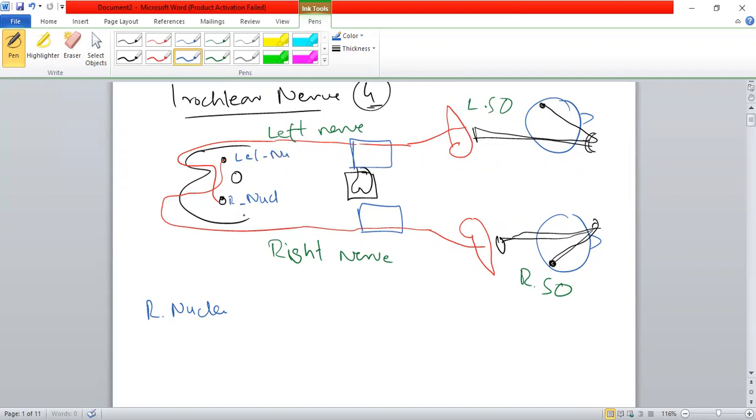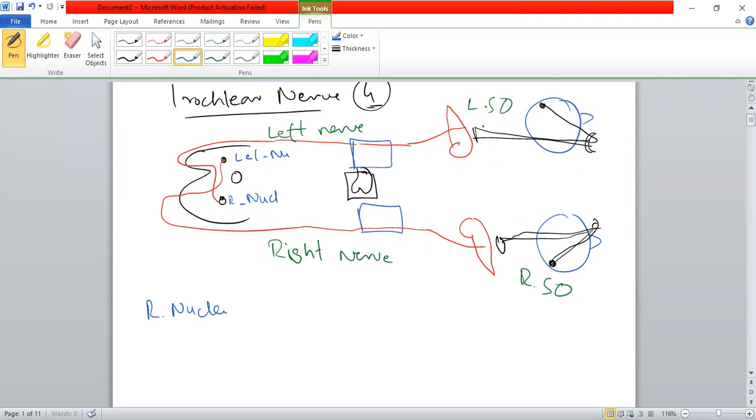Basically from the right nucleus your left nerve originates, and from the left side nucleus your right nerve originates. So if there is a lesion in the left nucleus, then you will have right nerve problem and right superior oblique problem. But if there is a problem in the right nucleus, then you will have left nerve problem or left superior oblique problem.